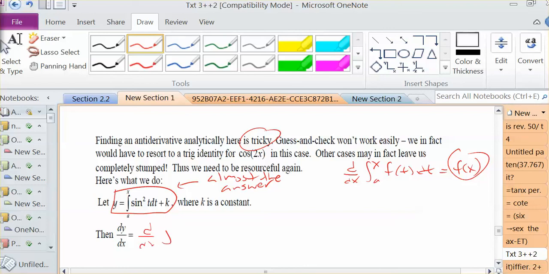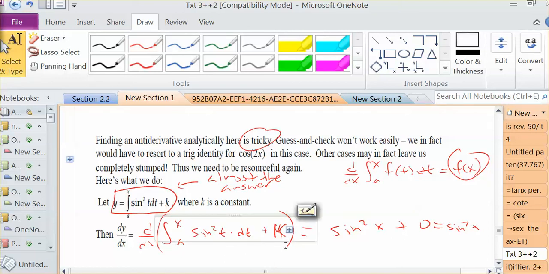So d dx of the integral from a to x of sine squared t times dt plus k. See, if I took the derivative of all that, I would get sine squared x using FTC plus 0, or just sine squared x. That's k, sorry about that. So yeah, that's basically what is happening here.